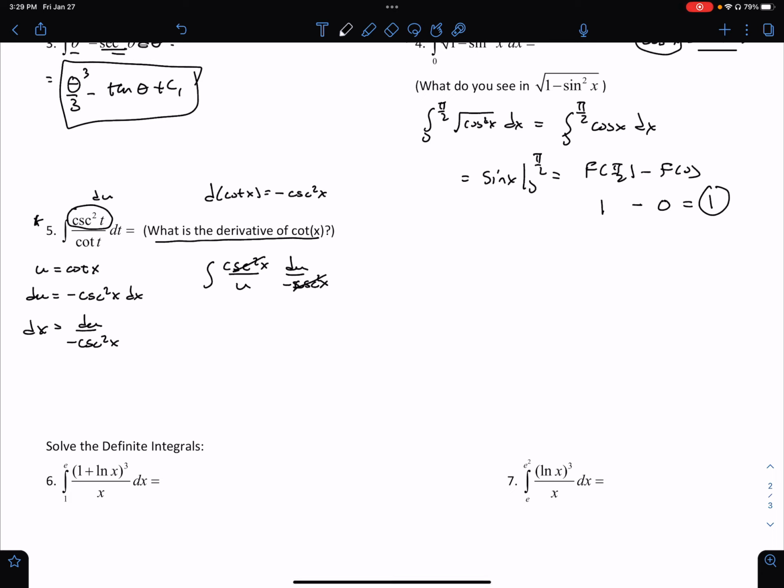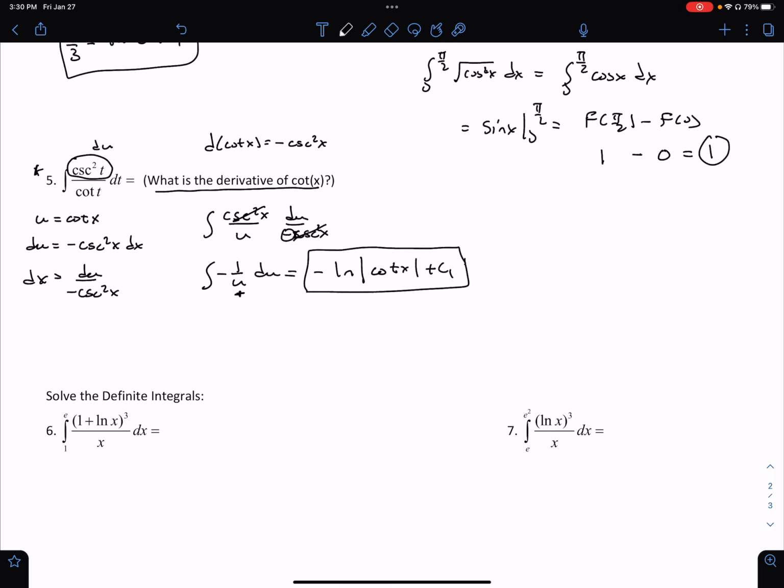Those cancel like we want. Be careful. We're left with 1 over u. Don't forget the minus du. And that's our new rule. That's our natural log. So we get negative natural log of u, which is the cotangent of x, plus your constant of integration. And there's our final answer.